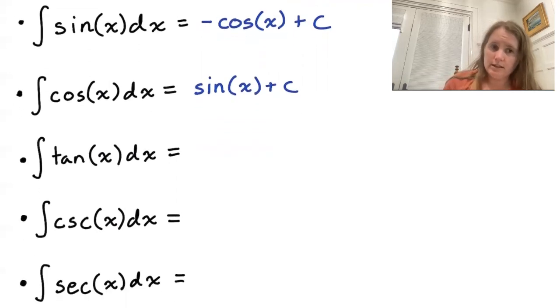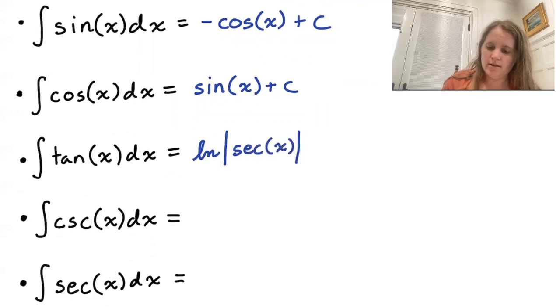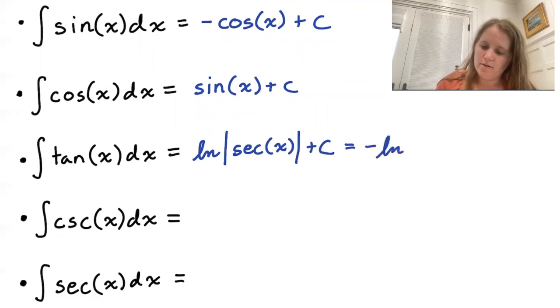For the integral of tangent of x, we had 2 forms. This was either the natural log of the absolute value of secant of x plus c, or negative natural log of the absolute value of cosine of x plus c.